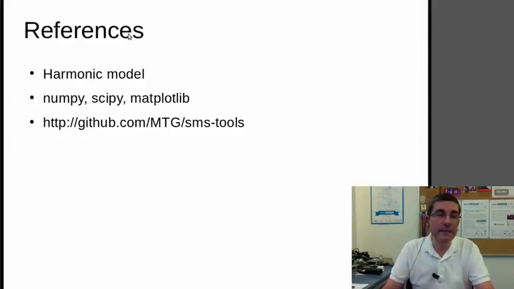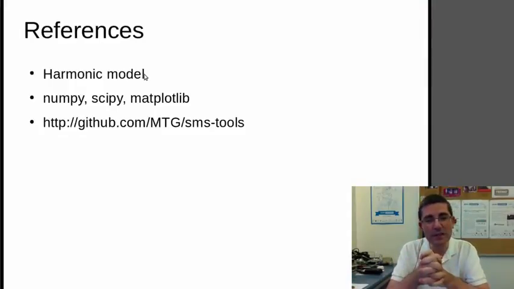So we have seen the harmonic model from an implementation point of view by looking at the code, and all this code is in Python. In fact, the fundamental frequency detection that we are using is a C version implementation, but we also have the Python version, and all this is included in the SMS tools package.